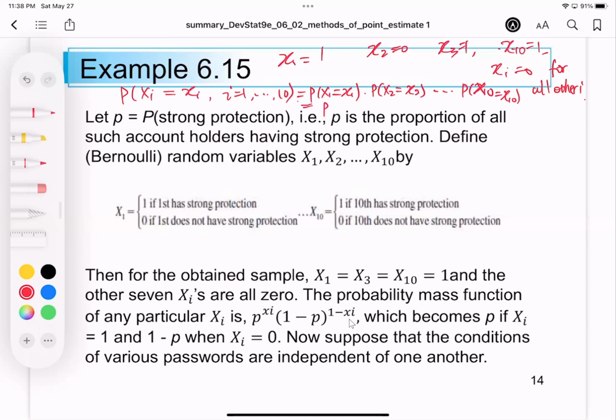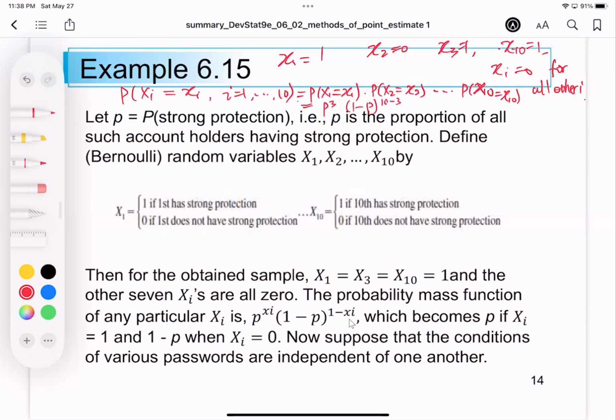So out of these 10, we have 3 of them having strong protection. So we really have p to the power of 3. This is just for this particular example. If we have 3 of them, I would have p to the power of 3 and 1 minus p to the power of 10 minus 3, because there are a total of 10.